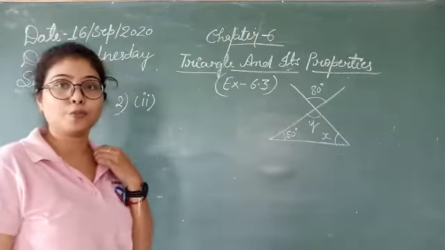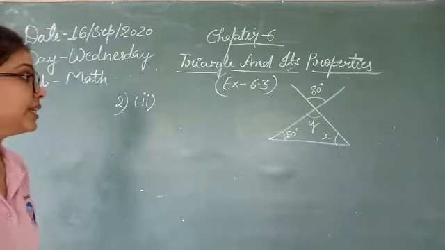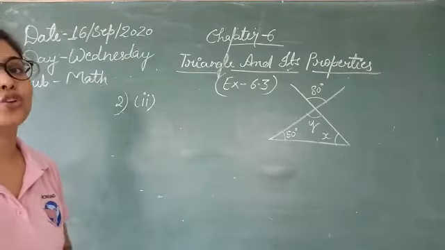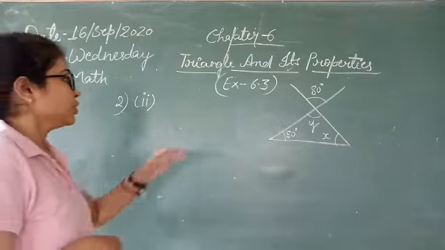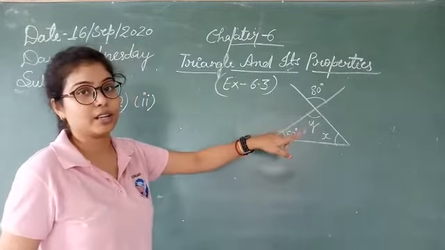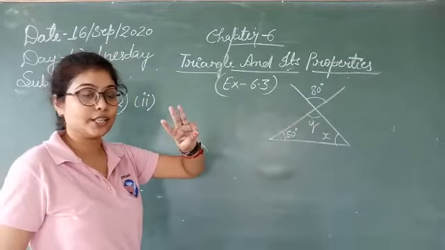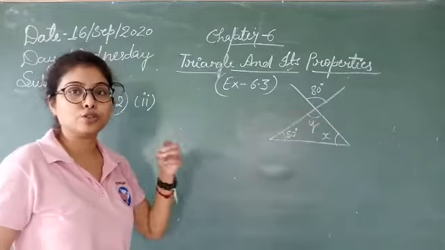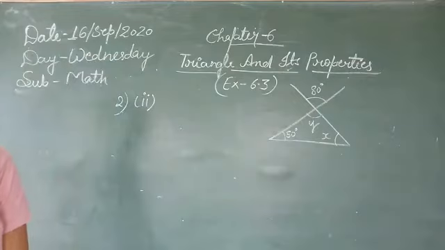And what is the name of the property? The name of the property that you know it already: the sum of the interior angles in the triangle, the sum of three angles in the triangle, will be equal to 180 degrees. So what is the property?